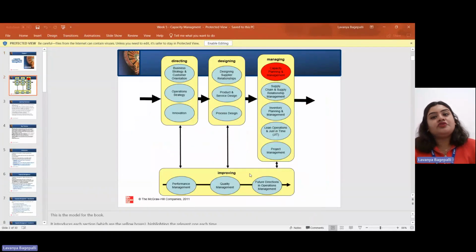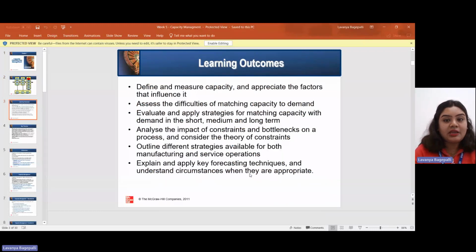The learning outcomes of today's session are to define and measure capacity, to understand the meaning of capacity, demand, and forecasting, and to assess the difficulties of matching capacity to demand, to evaluate and apply strategies for matching capacity with demand in the short, medium, and long term, analyze the impact of constraints and bottlenecks by studying a theory called theory of constraints, and outline different strategies available for both manufacturing and service operations, and to explain and apply key forecasting techniques and understand circumstances when they are appropriate.